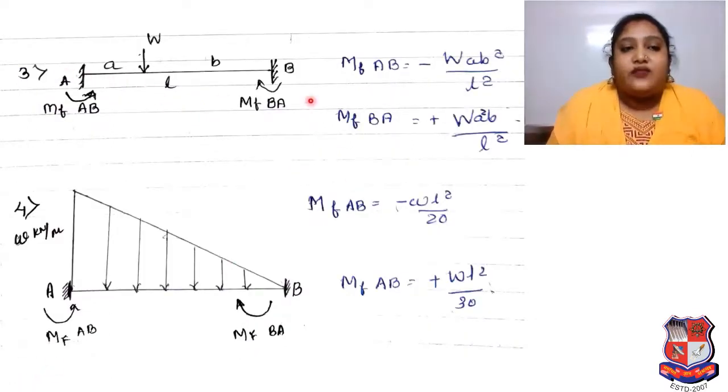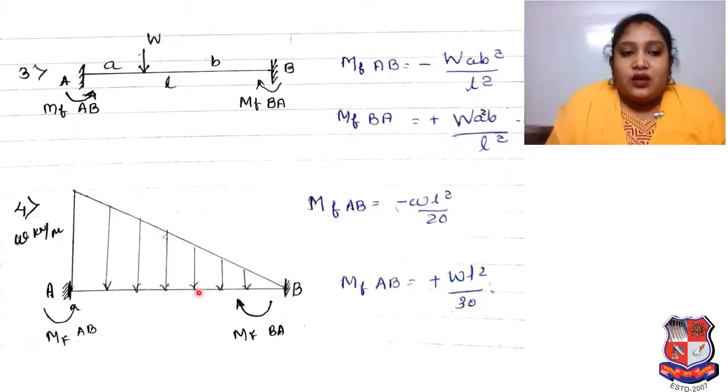Now there is a fixed beam with unequal lengths, meaning span L is there, but point load W is given at a distance from end A. So for that unequal distance, fixed end moment AB is equal to minus WAB square upon L square, and fixed end moment for BA is positive WA square B upon L square.